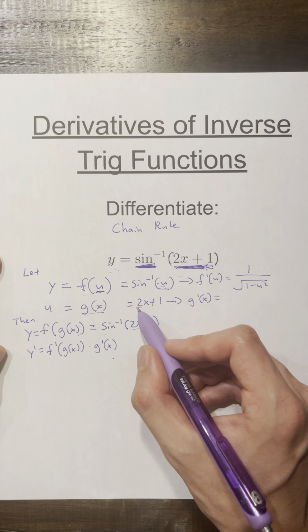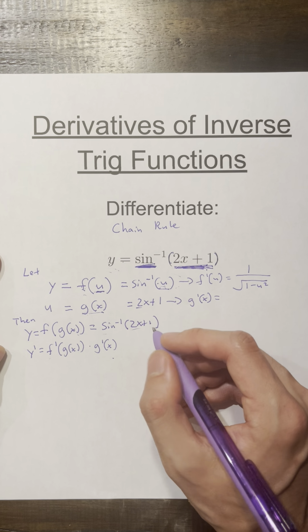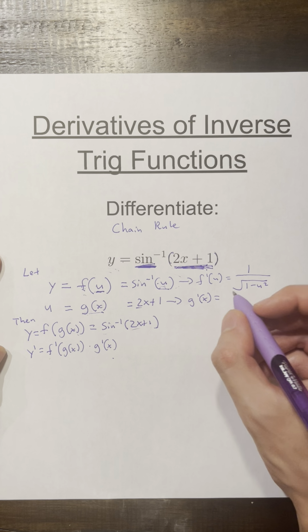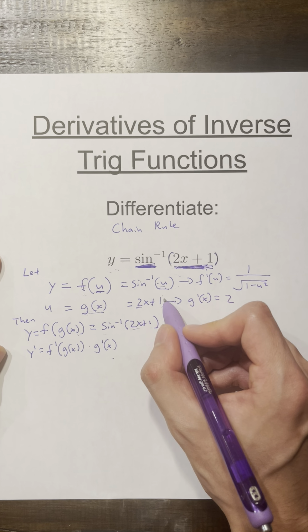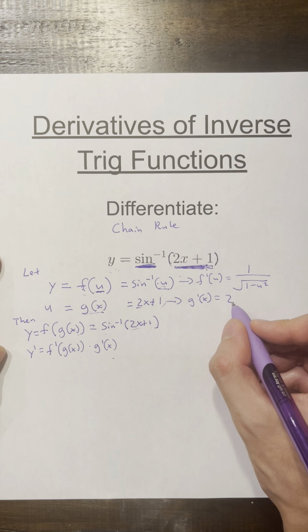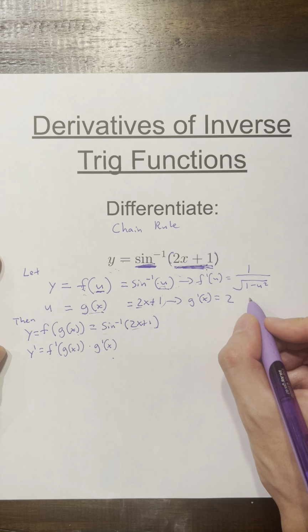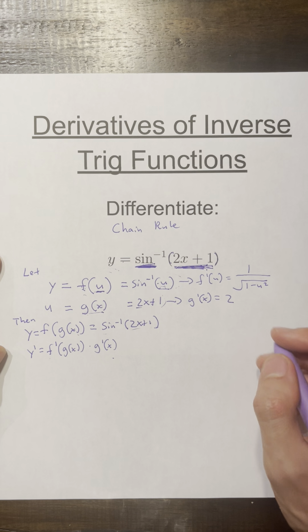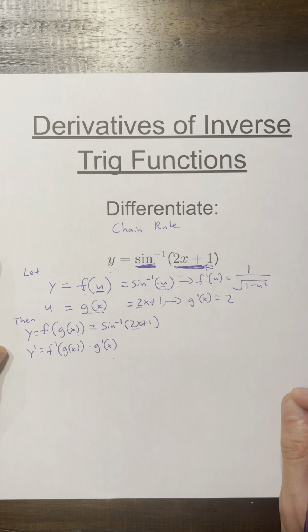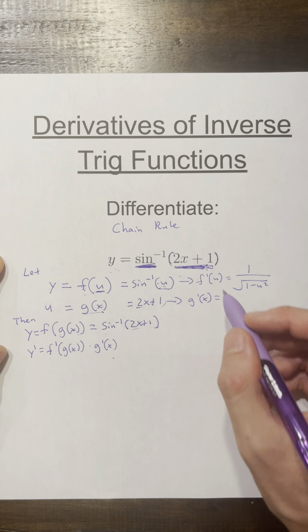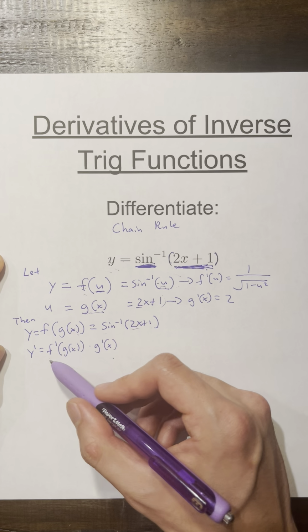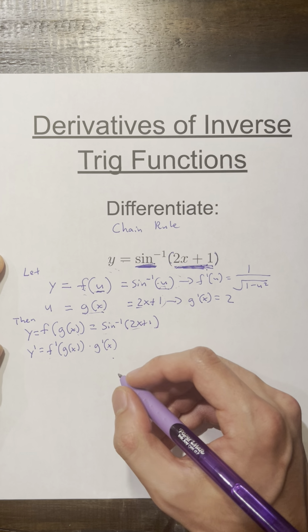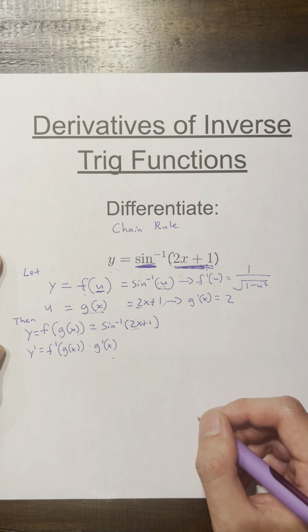Well, what's the derivative of 2x? 2 plus the derivative of 1. So 2 plus 0 is 2. Okay. And now that we know f prime and g prime, we're ready to plug them into this formula. So let's go ahead and do that.